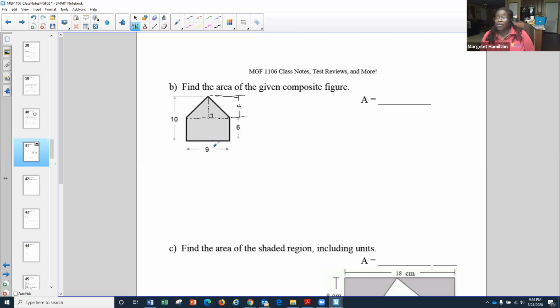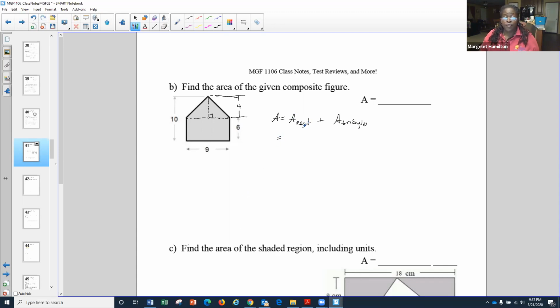All right. Now let's get our structure. We identified the shapes that we have. Let's write it out. So we have the area equals the area of a rectangle plus the area of a triangle. So now we need to get our formulas.